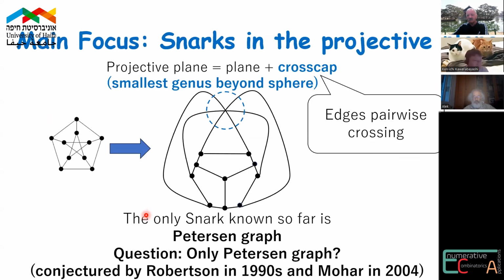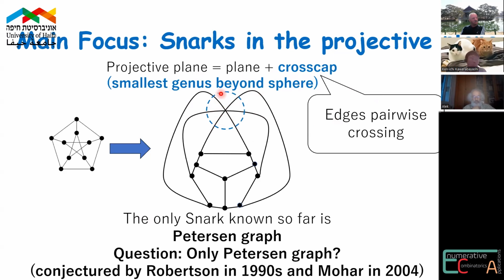We look at graphs on surfaces. Particularly, nothing is known except for planar graphs, which means the sphere. So we should really look at the projective plane. That is the plane plus one cross-cap, meaning that if you embed a graph, edges pairwise cross like this. And this is the smallest genus beyond the sphere.